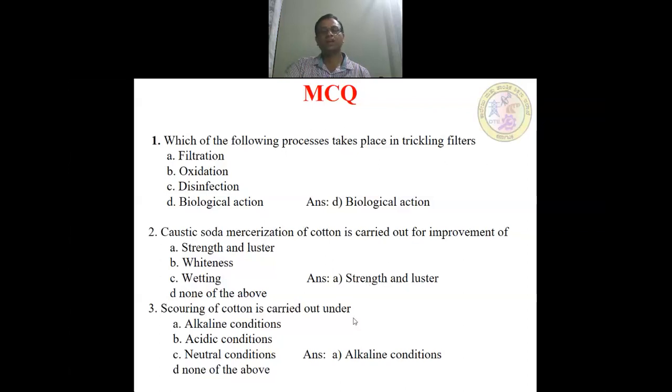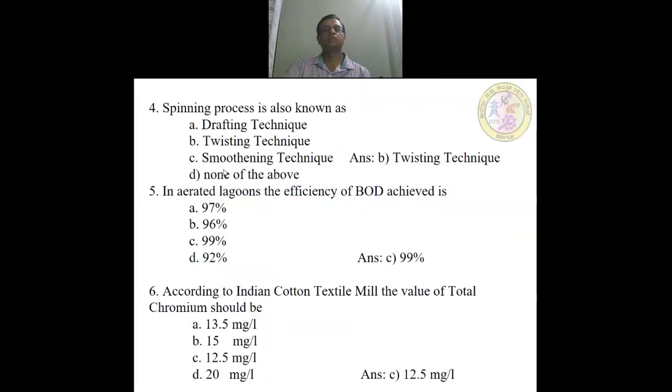Scouring of cotton is carried out under alkaline conditions. Spinning is a process where each cotton fiber is twisted and made into yarn to get sufficient strength.